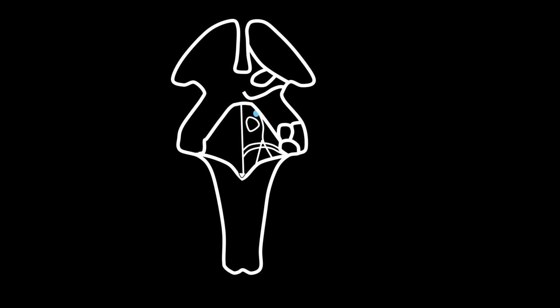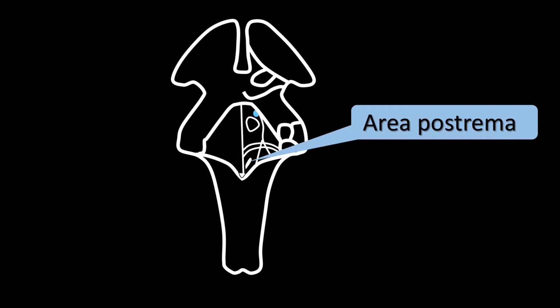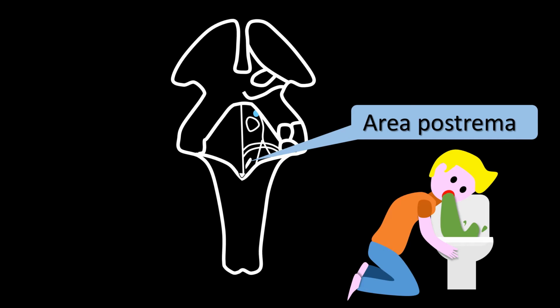The second structure I want to tell you before leaving the rhomboid fossa is in the lower end of it, where I have just placed the pencil. And now I have made a thick short line. This is the area postrema, a chemoreceptor trigger zone for vomiting.